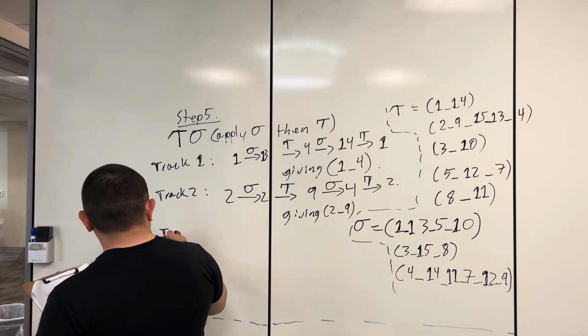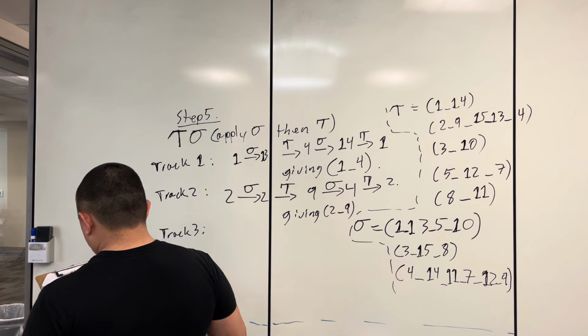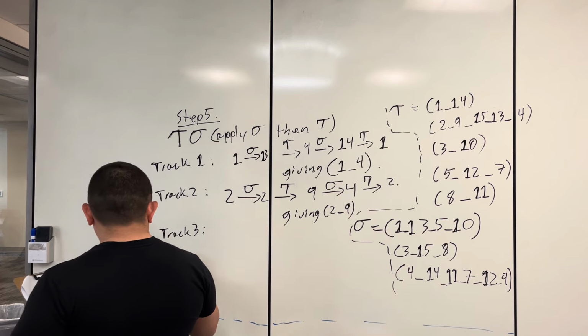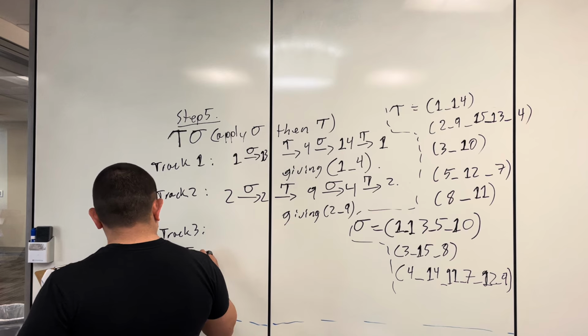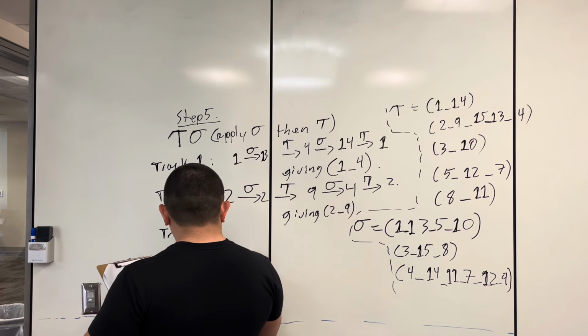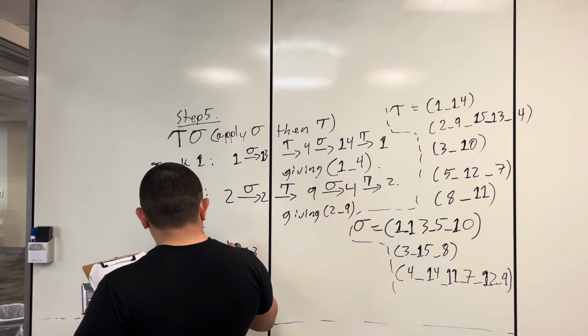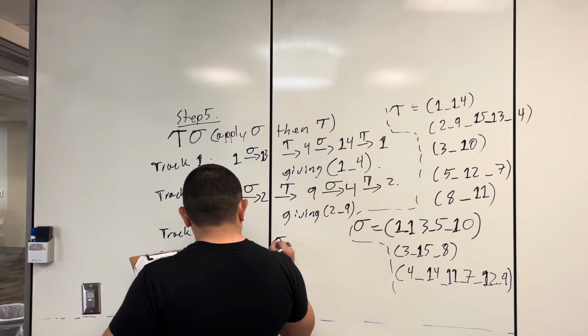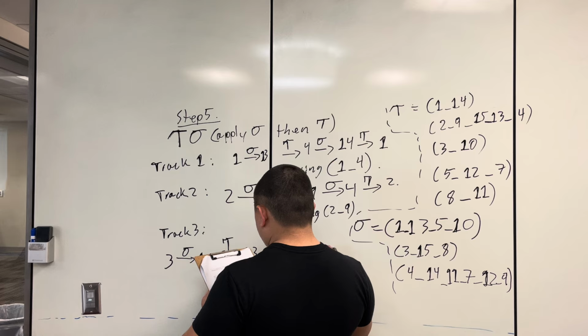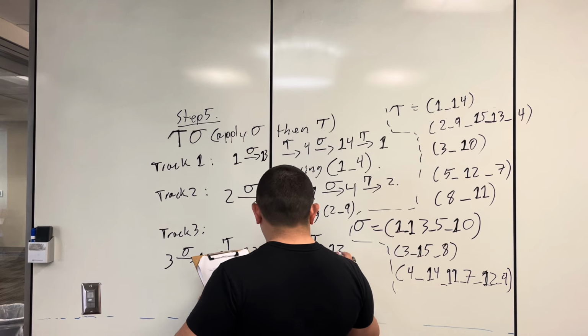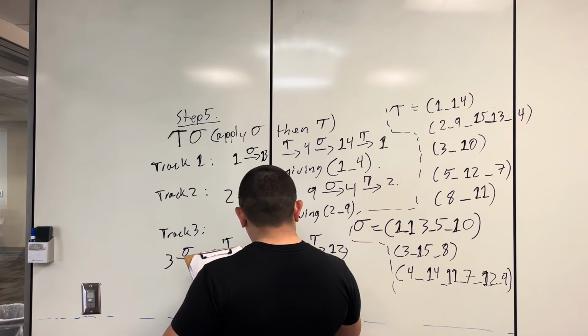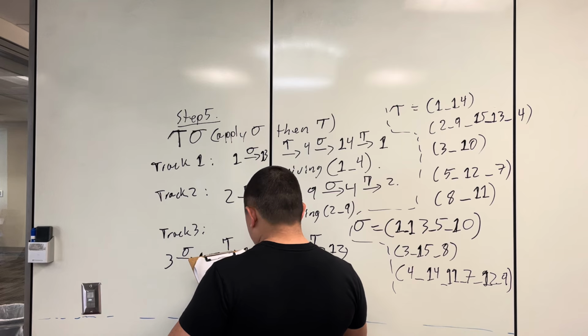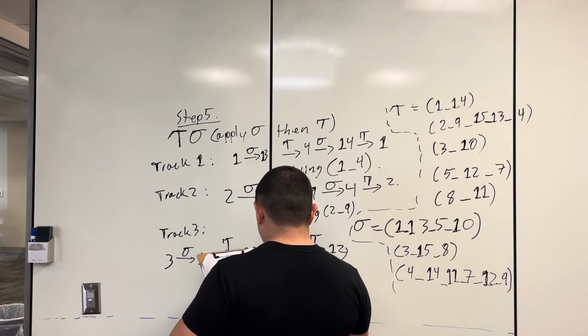Track 3. To 15 via sigma, 15 to 13 via tau, 13 to 5 via sigma, 5 to 12 via tau, 12 to 9 via sigma, and then from 9 to 15, that is via tau.